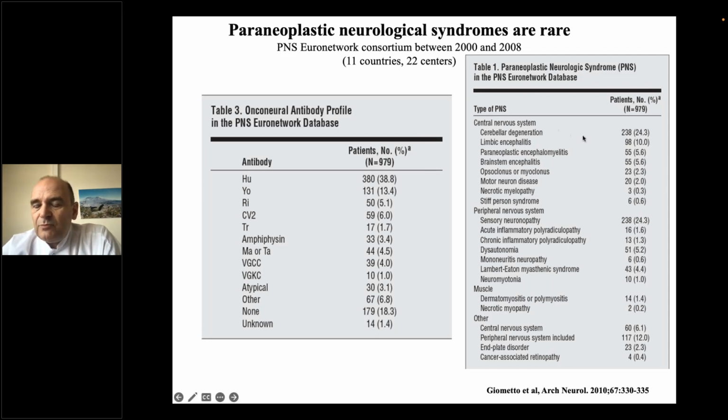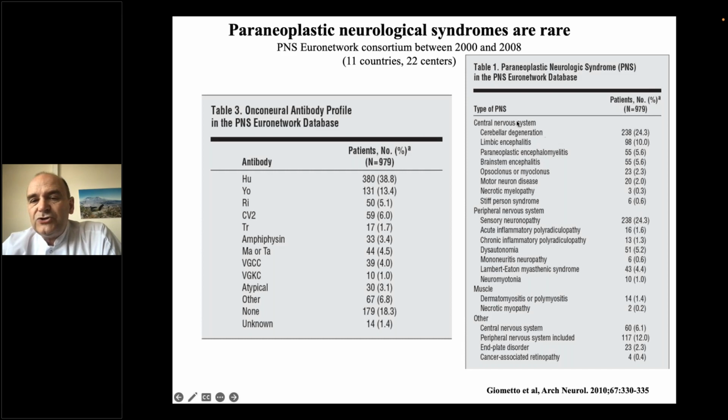The most frequent symptoms were subacute cerebellar ataxia and sensory neuropathy, each in about 50% of the patients, while limbic encephalitis was only 10%, fewer than 100 patients, so very rare.